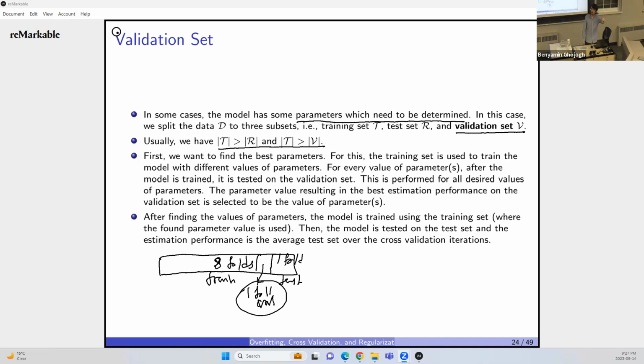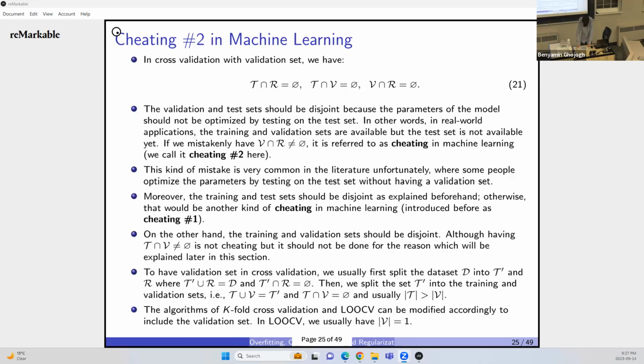Then I set that hyperparameter to that value. Then I train my model once again with that hyperparameter value, and then I test it on the test set. Did you see? For determining the hyperparameter value, I never use the test set. If you do that, that's also cheating. So, cheating number 2.